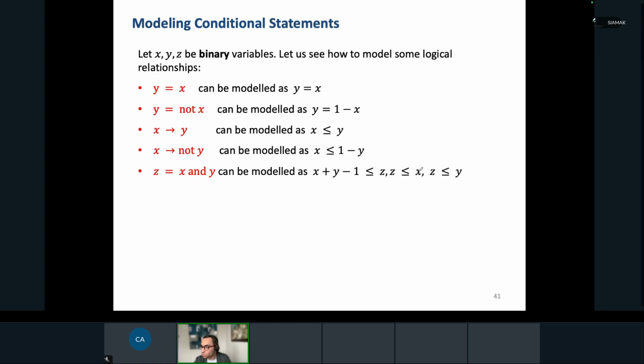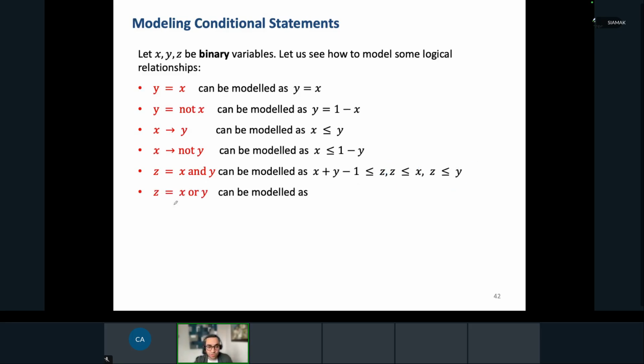When y and x are equal to 0, we want to make sure that z is equal to 0. We need this one to be added because this is an equality, so both sides work, right? When z is equal to 1, x and y should be equal to 1. When x and y are equal to 1, then z should be equal to 1. When x and y are equal to 1, these two constraints are not enough. That's why we add the last one to make sure that z is equal to 1.